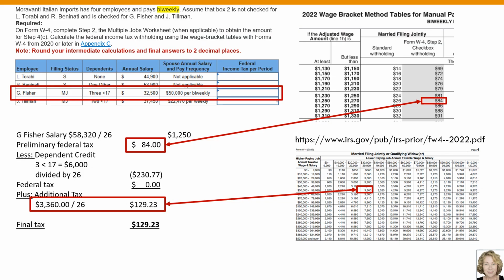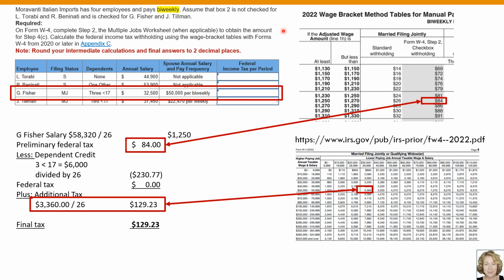Here's problem number 3. Avanti Italian Imports has 4 employees and pays biweekly. Assume that box 2 is not checked for L. Tarabi and R. Beninati, and is checked for G. Fisher and J. Tillman.